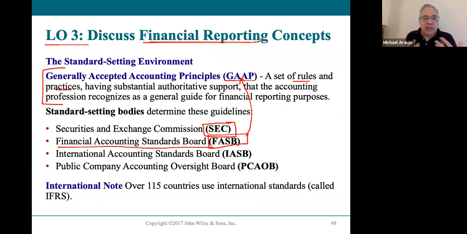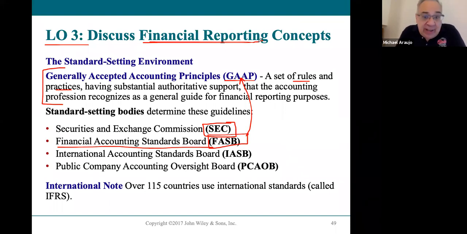Back in the 30s, after the stock market crash, the government set up a whole bunch of agencies, and one of them was the Securities and Exchange Commission. Their job was to oversee and apply the laws for the securities market, so the stock market, bond market, mutual funds, things like that.